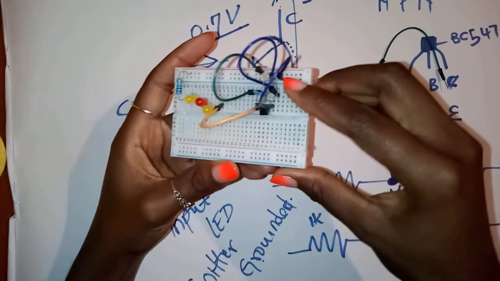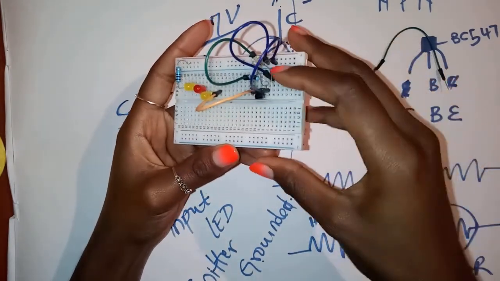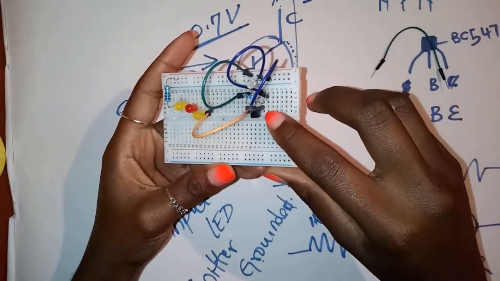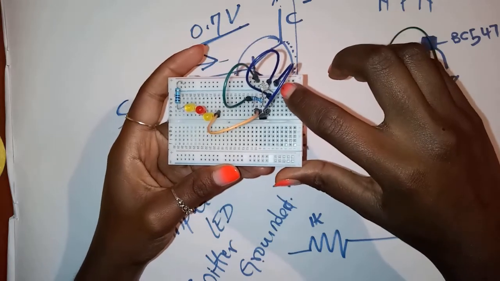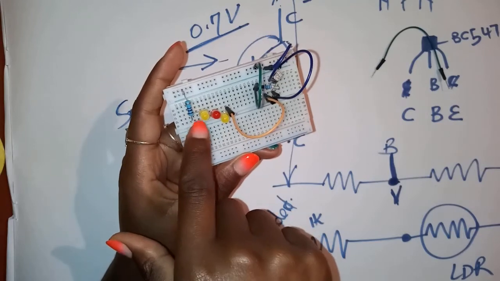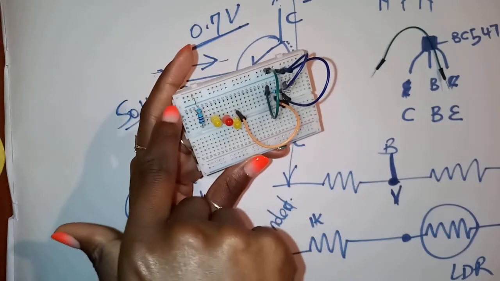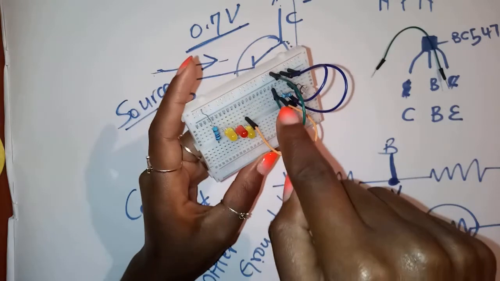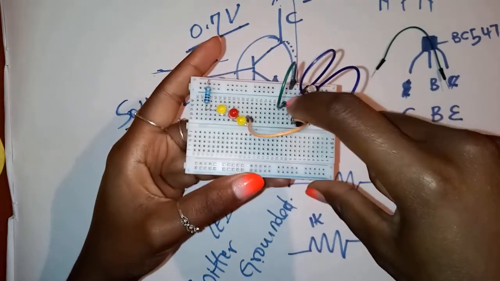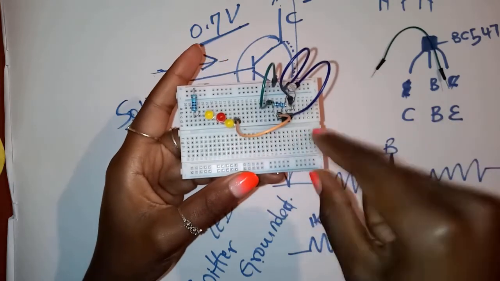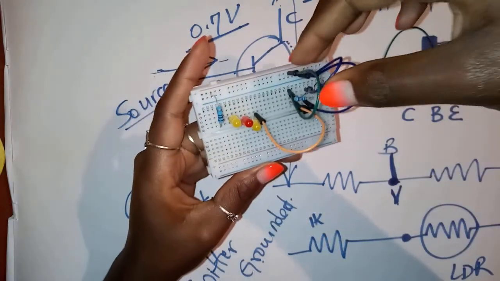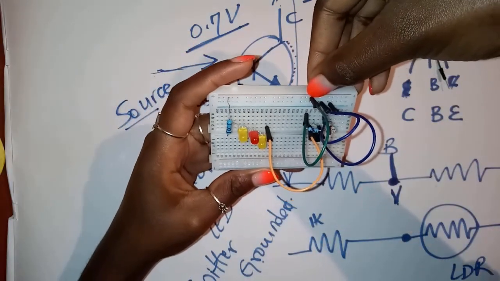So by now you have two on each rail. One leg of the LDR connected to the negative rail and the emitter connected to the negative rail. The long leg of the LED, which is connected to the resistor, is connected to the positive rail, and the other leg of the resistor in our voltage divider circuit there is connected to the positive rail.